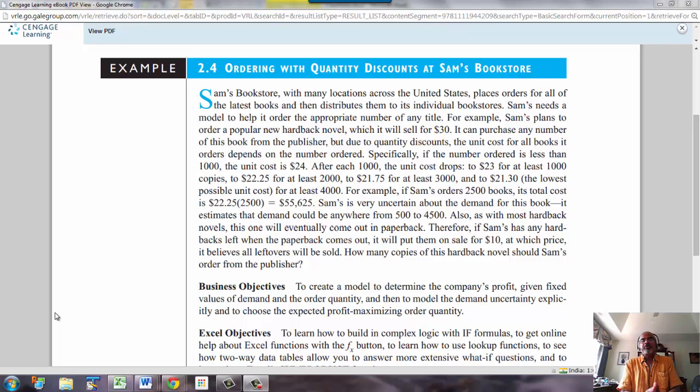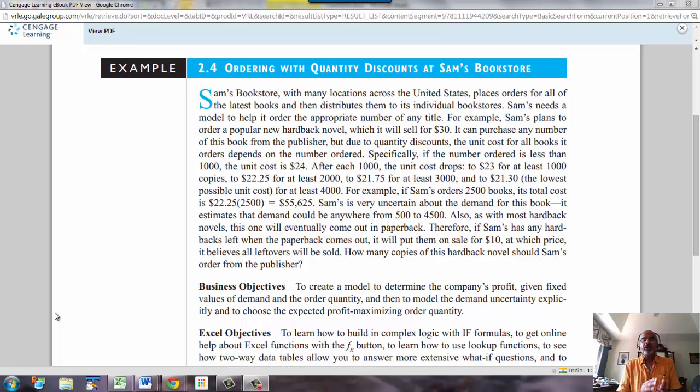Okay. This example is about a bookstore that sells novels and hardback books and all kinds of other books. Now they have a new title coming up, and the bookstore wants to set up a model and analyze how many books they should order from the publisher.